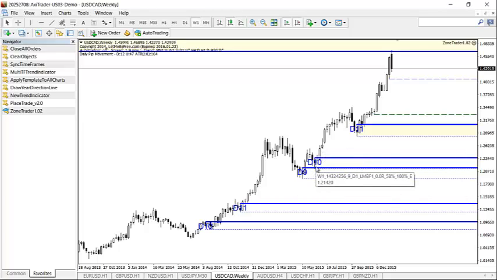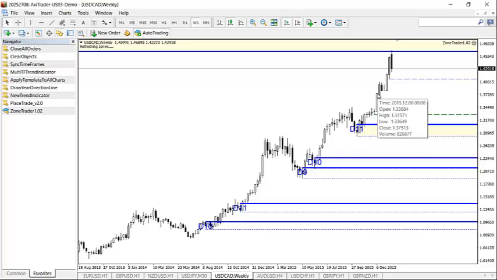We tested the zone just here. This one is left, it hasn't come back to it yet, it may well do that at a later stage. This one here again, it's created another zone, it's come back and tested it. Moved on up until it's hit this zone up here, tested it, and it brought it to a halt and rejected it. And there's a good chance it may well fall from here.